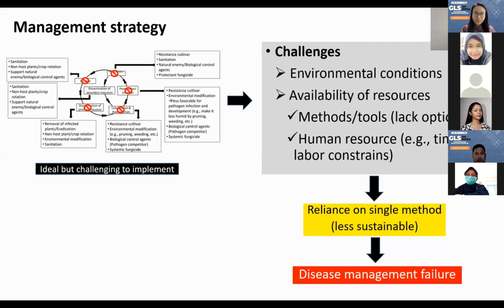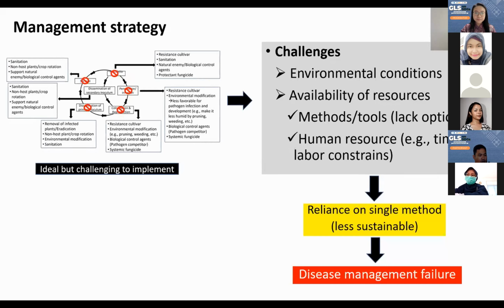Even in the US, in some particular crops, like hemp, for example. I have been recently working on hemp, and hemp has just been reintroduced in the US. So there is not much information yet about hemp. We don't know about resistant cultivars on hemp. There are not many fungicides registered to be used on hemp. So we have limited options in controlling disease on hemp, okay?